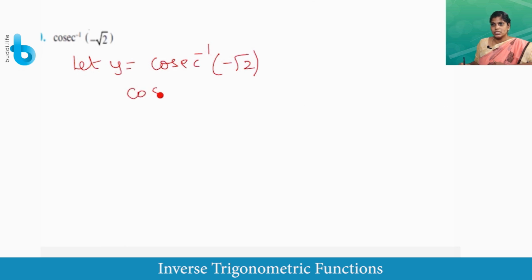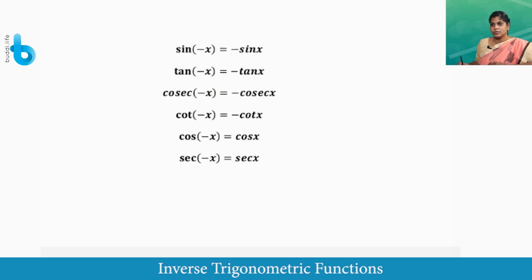Okay, so cosecant y equal to minus root 2. When will the value of cosecant theta be minus root 2? Check the trigonometric table.